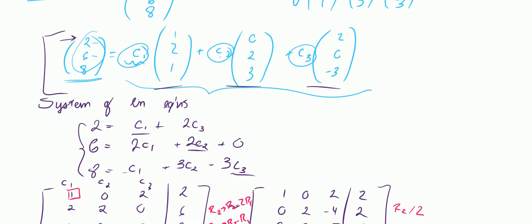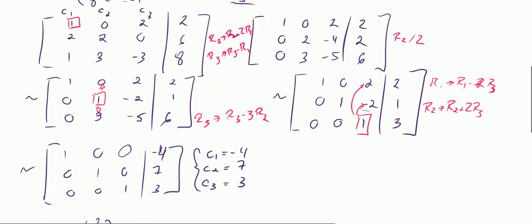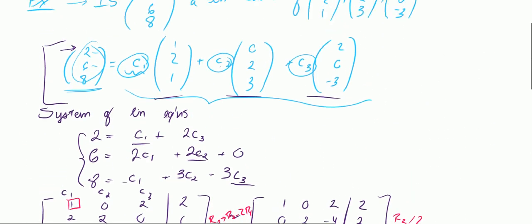So let's see. I'll just replace it here. Minus 4, 7, 3. So this is minus 4, 7, 3. So if I do minus 4 times 1, it's minus 4. Plus 7 times 0 is 0. Plus 3 times 2 is 6. So I'll get minus 4 plus 6, which is 2. So that one's good.